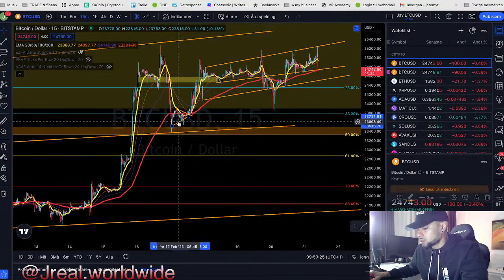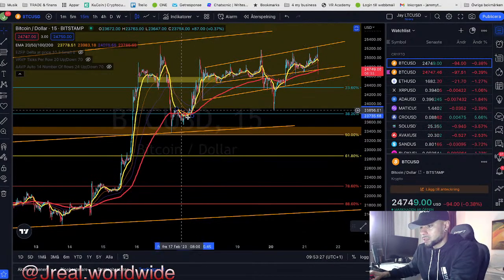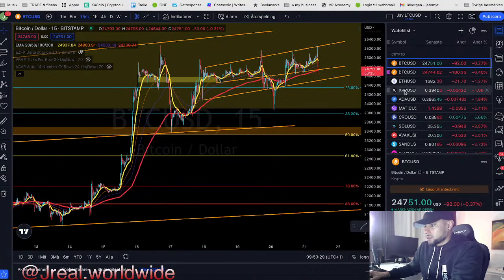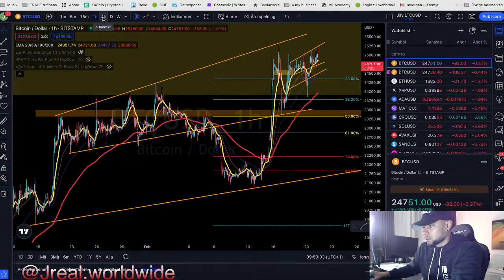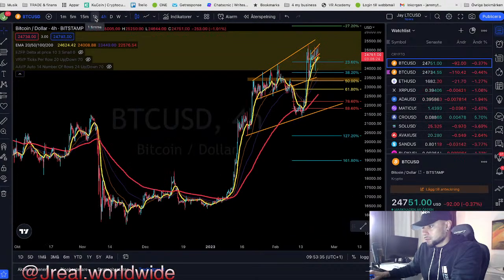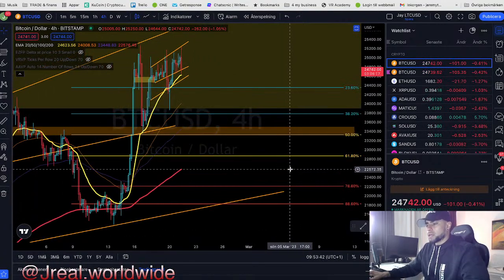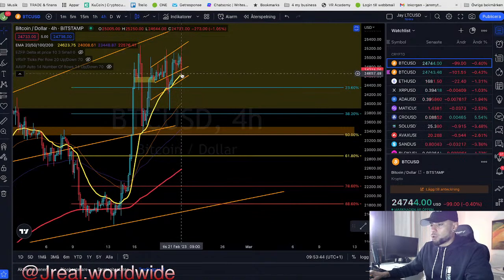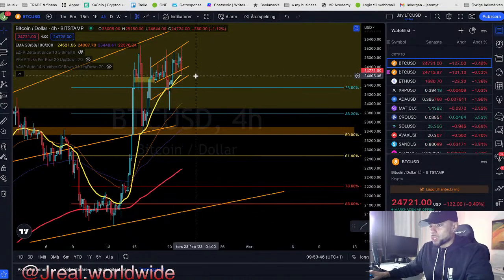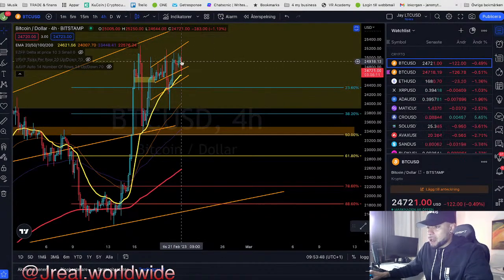I'm going to remove these old drawings to make it a little bit clearer. Okay, so this is what's going on. As I said, we got support against the 20-day EMA on the 4-hourly time frame.